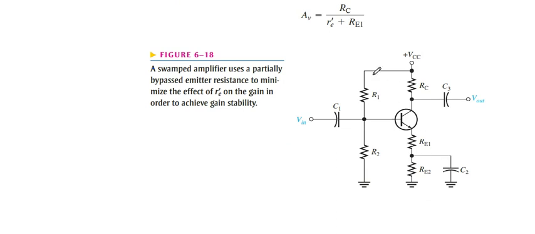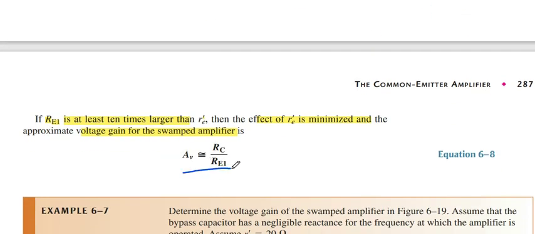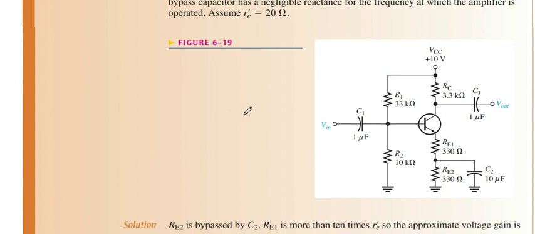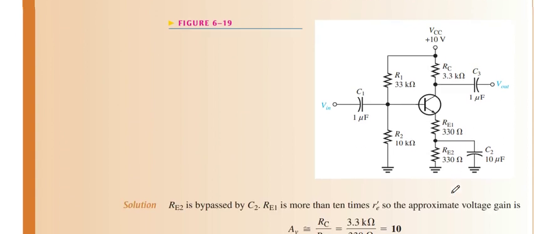So our voltage gain depends upon this RE1 only, and our equation becomes this one, because if RE1 is more than 10 times r_e prime, then this r_e prime can be neglected, and we get the equation in this form. Again, it gives an example to understand what happens when we divide these two resistances.